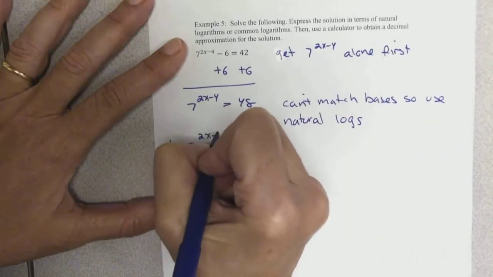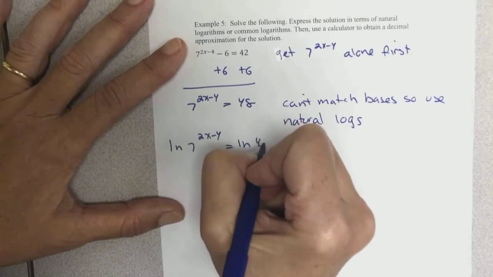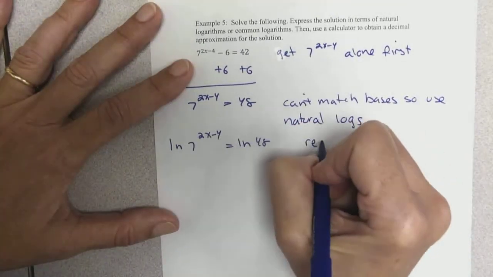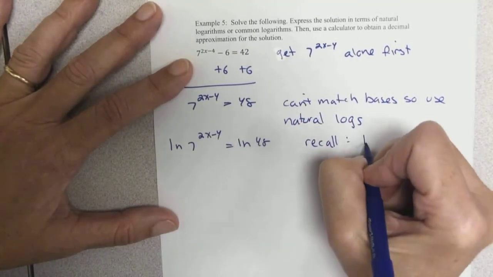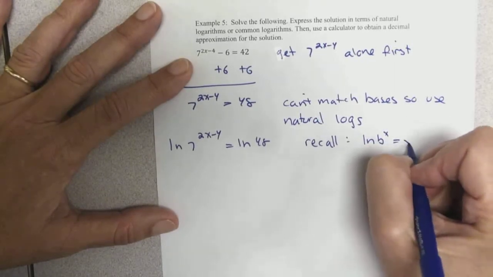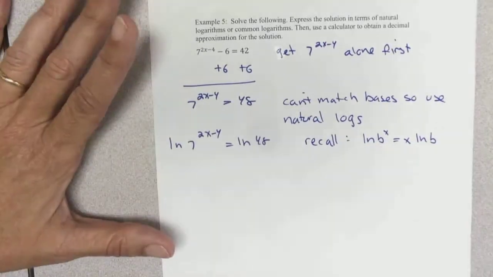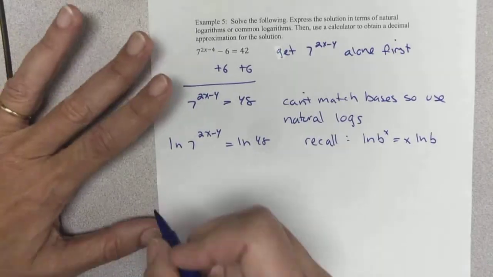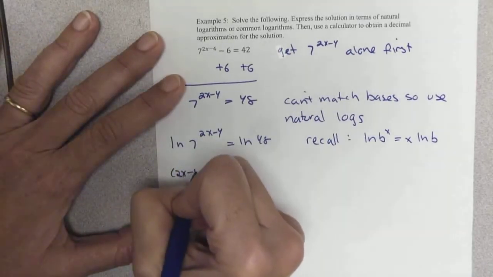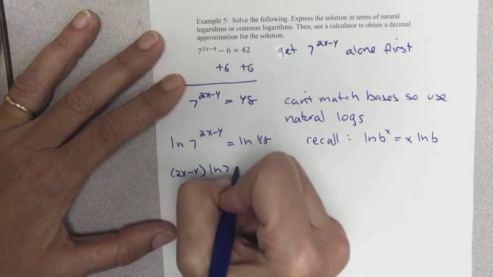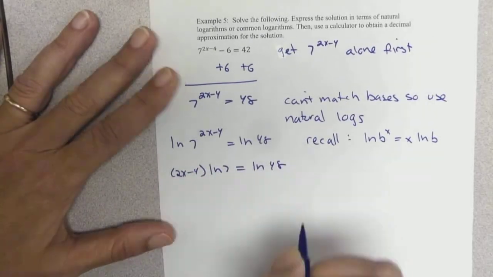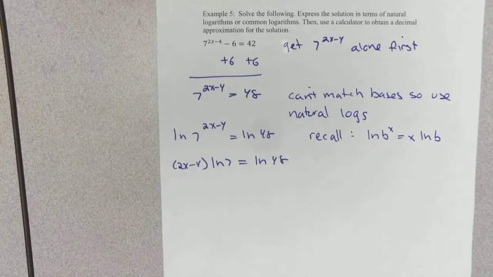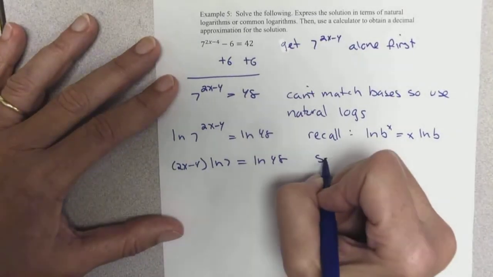So I'm going to take the natural log of both sides. And then I'm going to recall that natural log of b to the x is x natural log of b. That's my power rule for logarithms, that exponent can come down in front. Now, careful use of parentheses. It comes down in front. And now I have to solve for x.